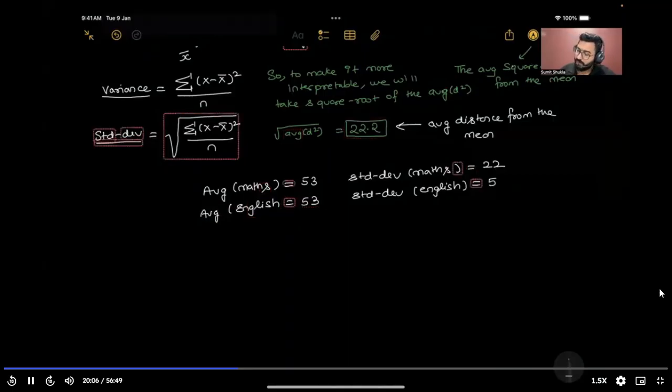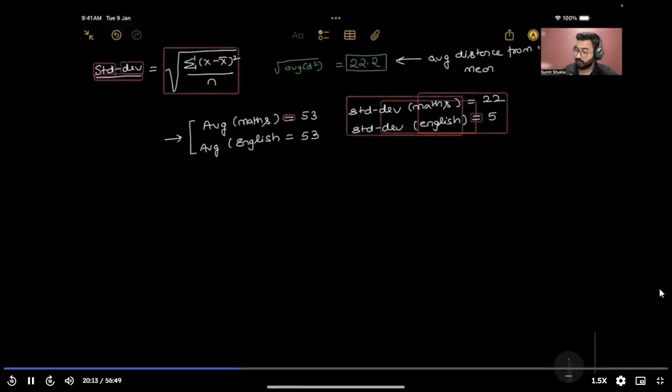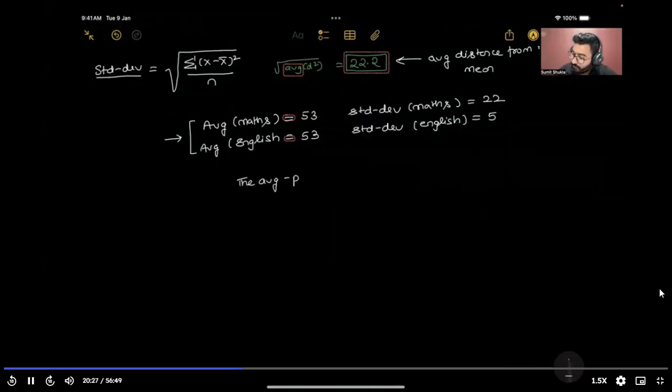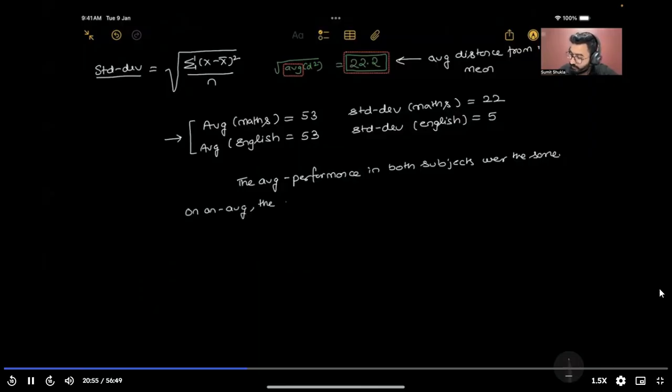Okay. Now, what you are able to understand from these two measures is that you are getting a better visibility about the data. So what we can understand is that the average performance in both subjects was the same, right? Looking at the average, we can see that the average performance is the same, but the point to be noticed here is the standard deviation.